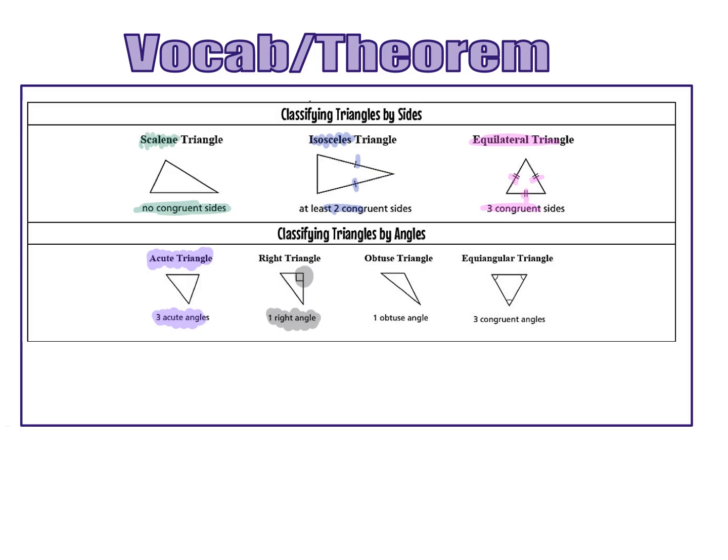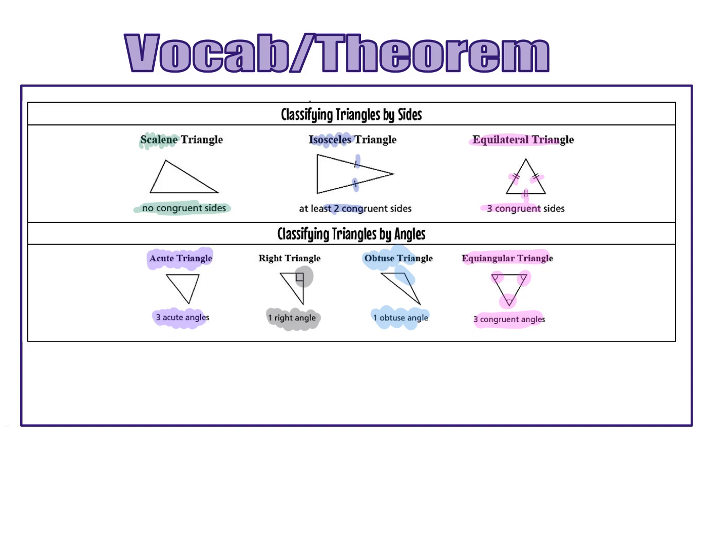A right triangle has one angle that is right. An obtuse triangle is going to have one angle that is obtuse, so one angle that is greater than 90. And an equilateral triangle is going to have three congruent angles. Is called an equilateral triangle.